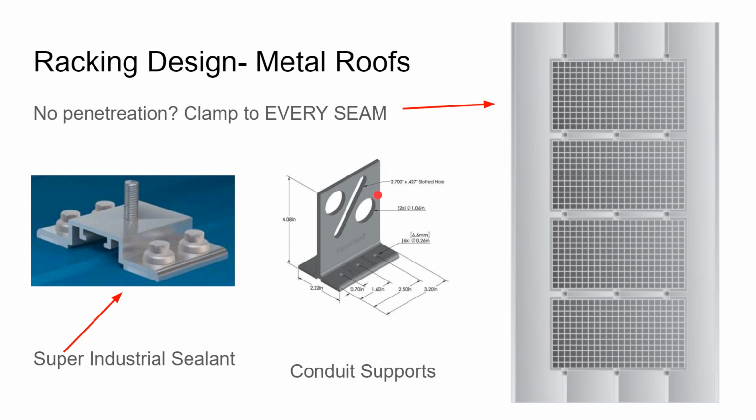The reason why I don't like standing seam is because it becomes a weakness of the standing seam panel itself. Instead of lag screwing into the rafter, you're now clipping onto the seam and relying on the strength of how the standing seam panel is attached to the roof, which is nowhere near as strong as a lag screw into the rafter.